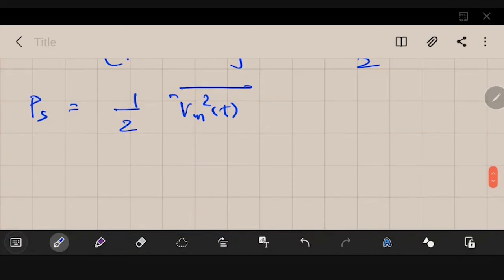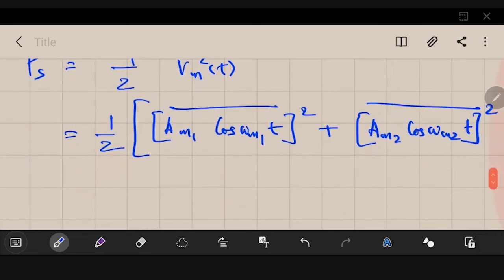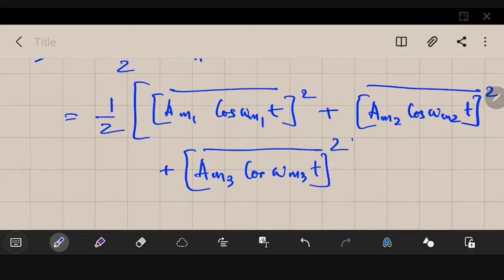So Vm square of T we already know. That means it is equal to 1 by 2 times the mean square value of the first term AM1 cos omega M1T, and then the mean square value of AM2 cos omega M2T, plus again the mean square value of AM3 cos omega M3T, square.